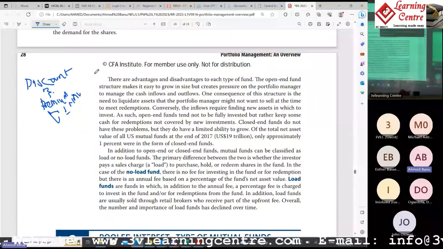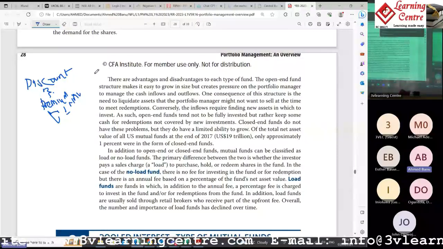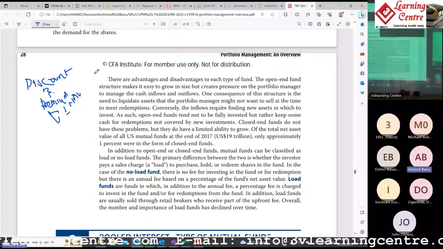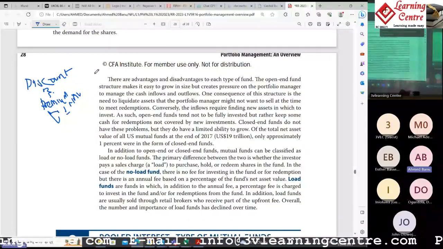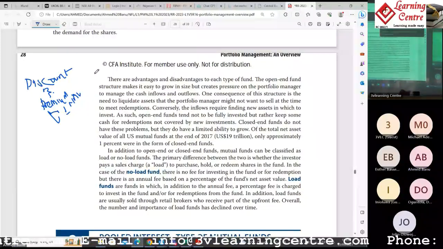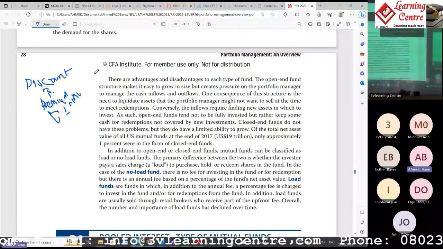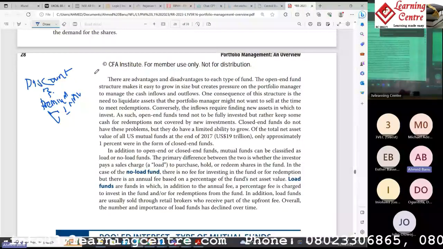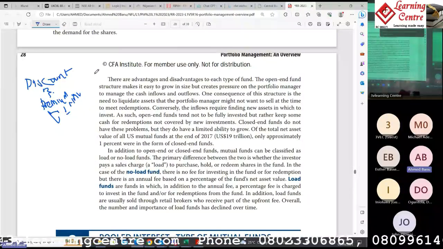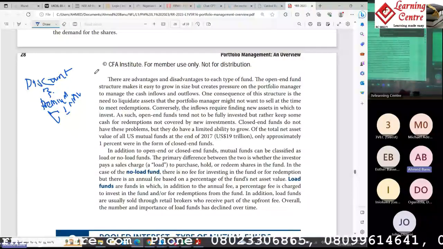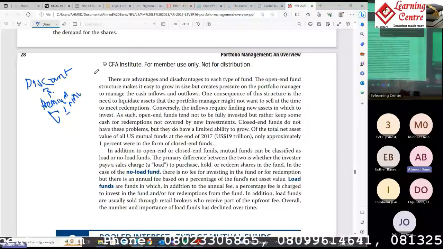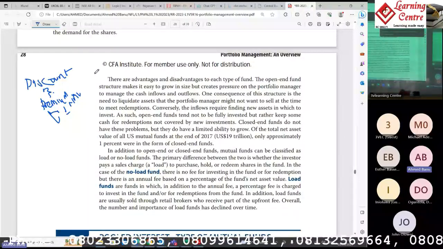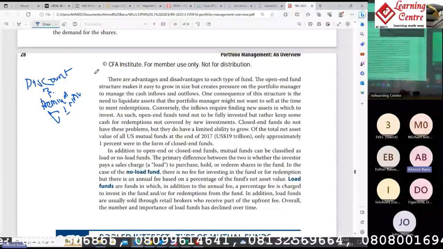Now, if the fund is doing badly, Esther might struggle to even sell it at 6 naira. That is when it's trading at a discount. So in the first case, she can sell it at 12 naira, and the NAV is 10 naira. That is premium to the NAV. In a situation where she struggles to sell it at 6 naira and the NAV is 10 naira, that is trading at a discount to the NAV.